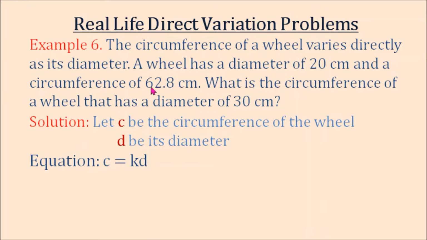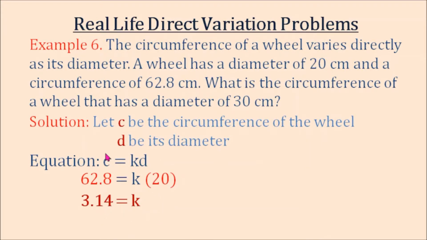Our C here is 62.8 and our D here is 20, so we are going to substitute those numbers to our formula. So we have 62.8 equals K times 20. Now to find K, we divide both sides by 20 and K equals 3.14.